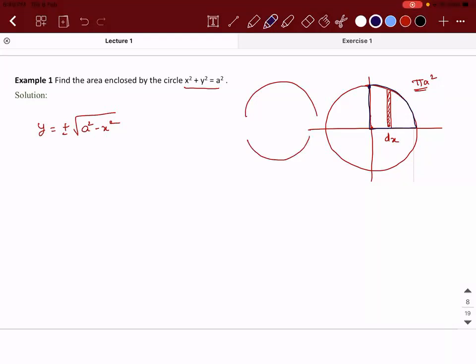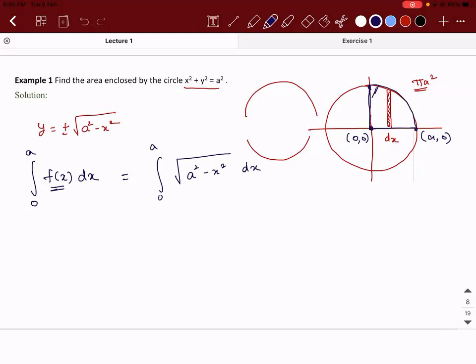If I take the first sector, then I can write the integral of f of x dx from where to where? From 0 to a, where f of x is nothing but y. So this will be the integral from 0 to a of root of a square minus x square times dx.